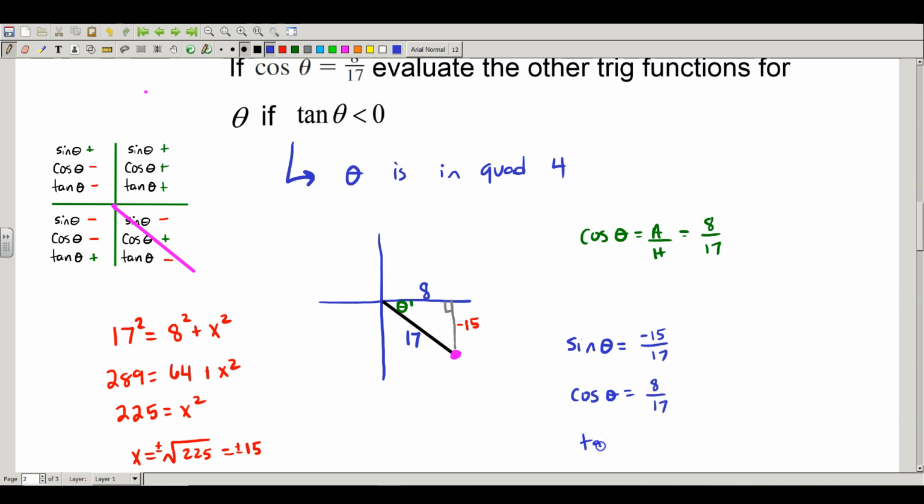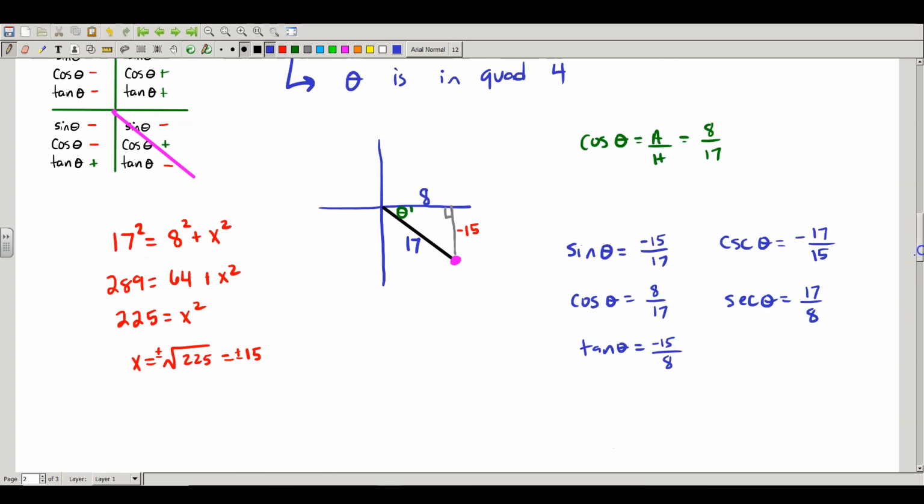The tangent is opposite, negative 15, over adjacent, which is 8. The cosecant of theta would be the reciprocal of sine, so negative 17 over 15. The secant would be 17 over 8, and the cotangent would be negative, and now we're going 8/15, the reciprocal of that. And that's what we do.